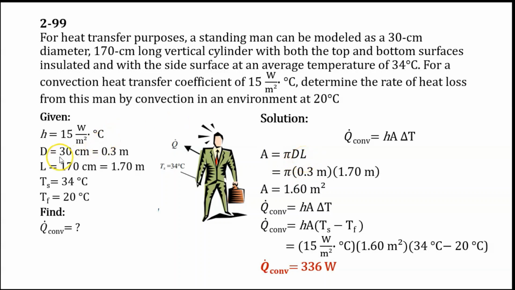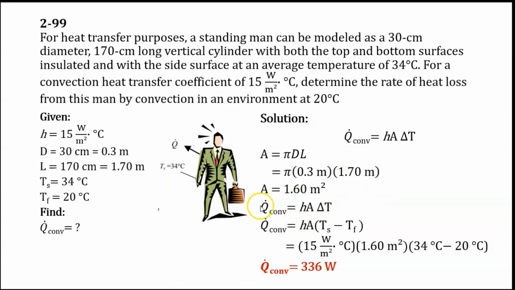Our given is in centimeters, so we will express this in meters. So plugging in the values in the equation, we will now have pi multiplied by 0.3 meter multiplied by 1.70 meter. So plugging this in the calculator, we will have now the surface area of the heat transfer of the person, which is equal to 1.60 square meters.